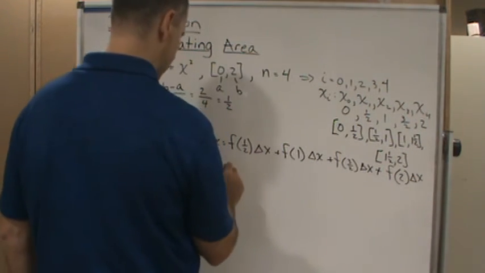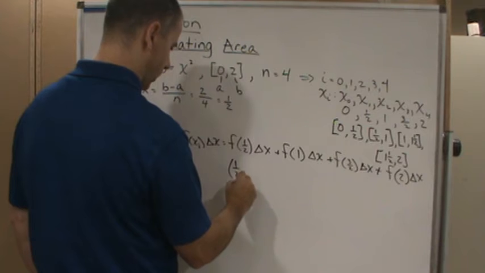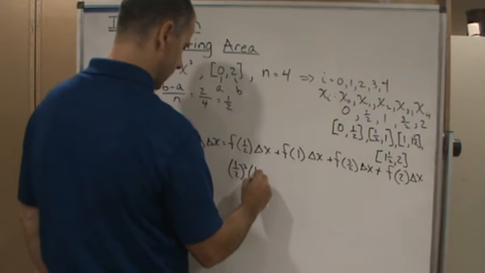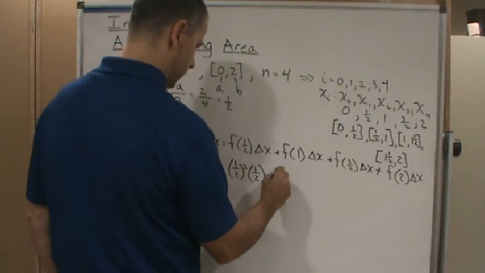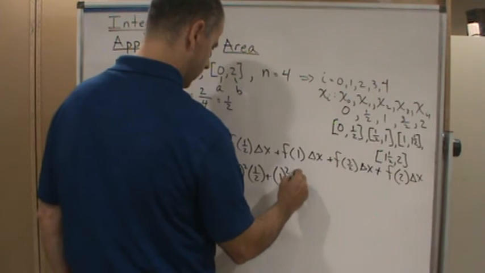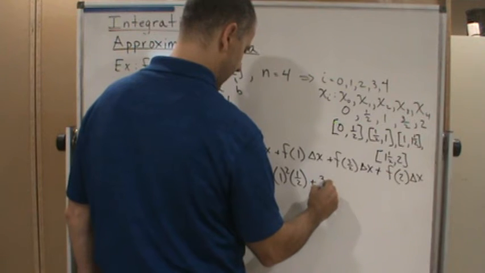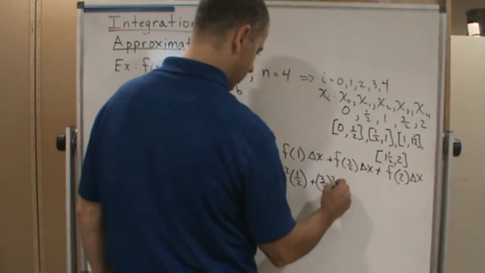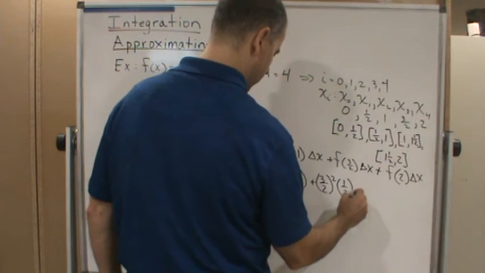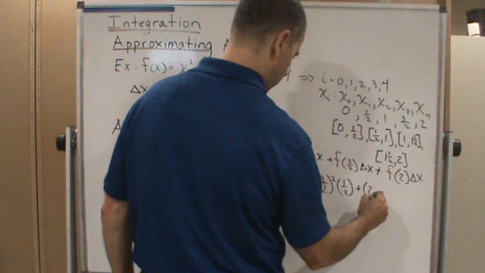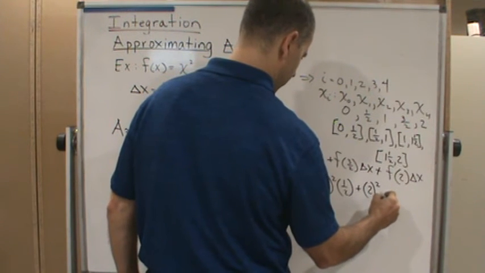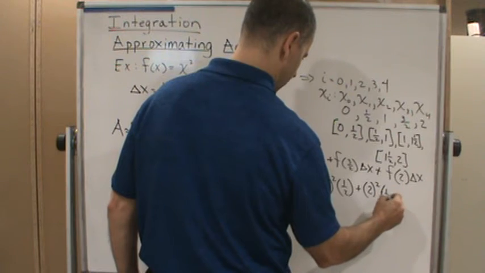That gives me 1/2 squared times 1/2 plus 1 squared times 1/2 plus 3/2 squared times 1/2 plus 2 squared times 1/2.